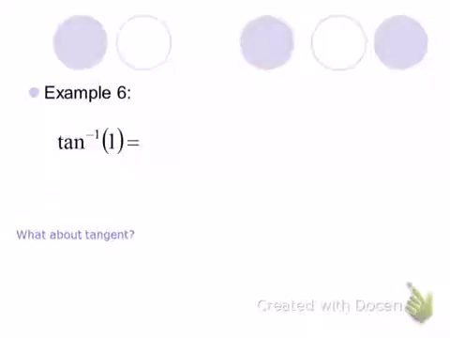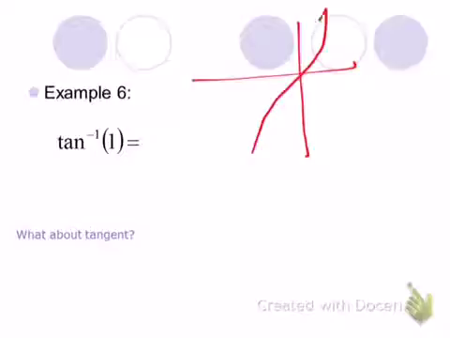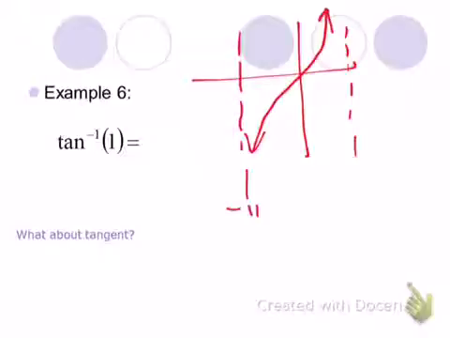Because of what the tangent function looks like, the tangent function behaves really, really nicely between these asymptotes at negative pi over 2 and positive pi over 2. And so they're going to restrict the inverse tangent to that interval of output values.